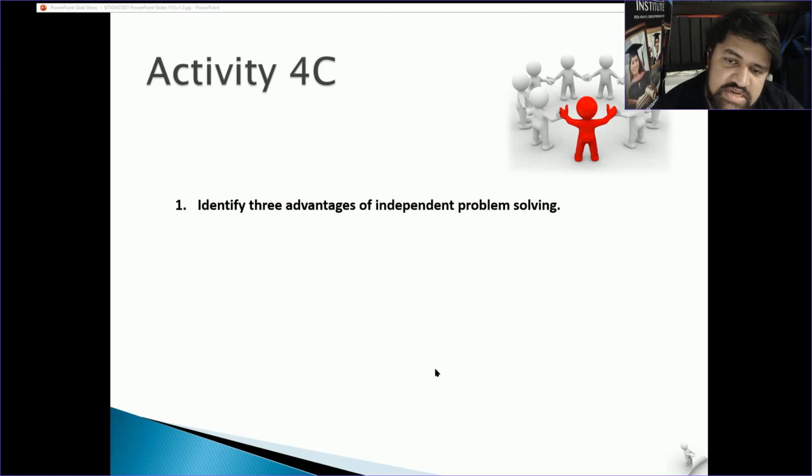So essentially, independent problem solving allows you to rapidly focus on solutions, having accountability and responsibility for your actions, and reducing the need for investments of time and money within that solution. So complete that. Once you're done, come back and we can move on to the next one.